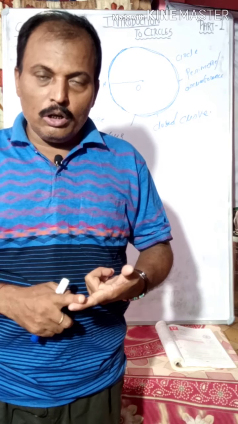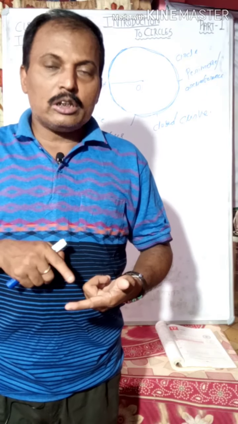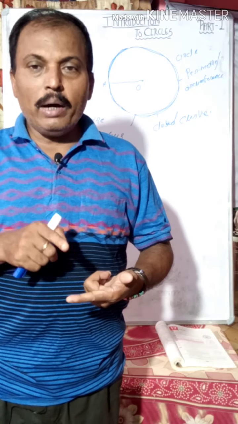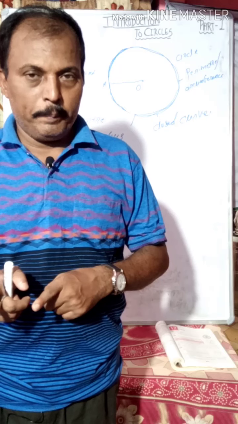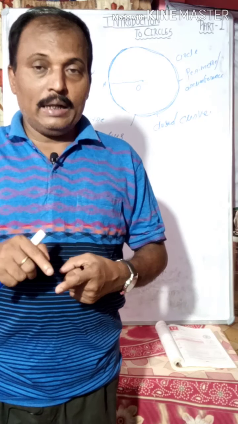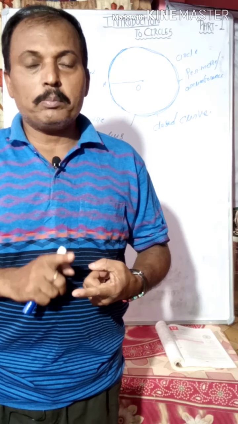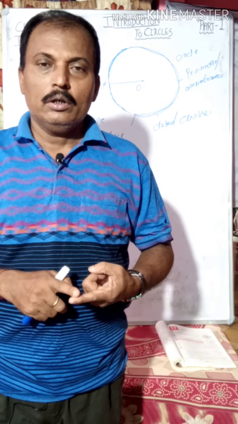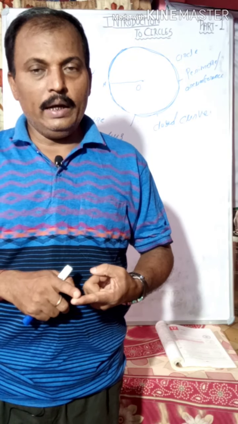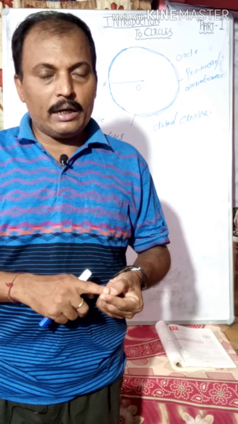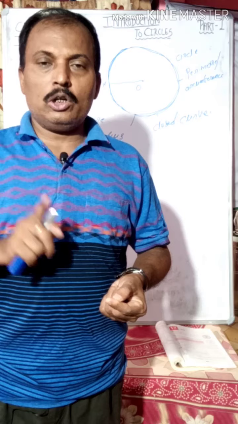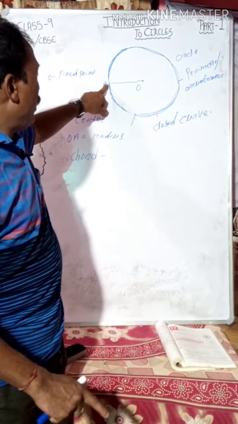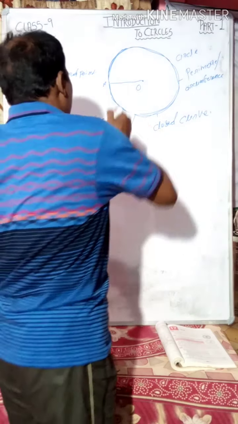Because what is the circle? A closed curved path around a fixed point with equal distance is called a circle. That closed path is called the circumference or perimeter of the circle, and the fixed point is called the center of the circle. Then the line joining the center to any point of the circumference is called the radius of the circle. This is the radius.